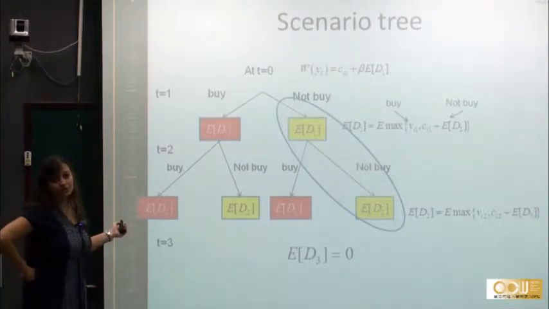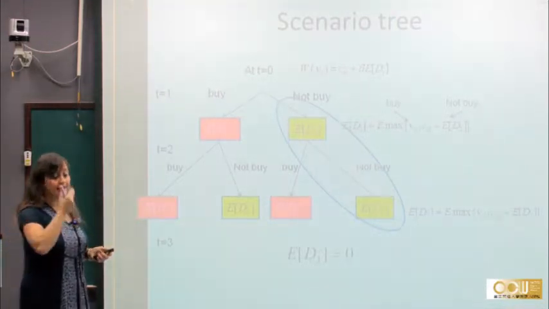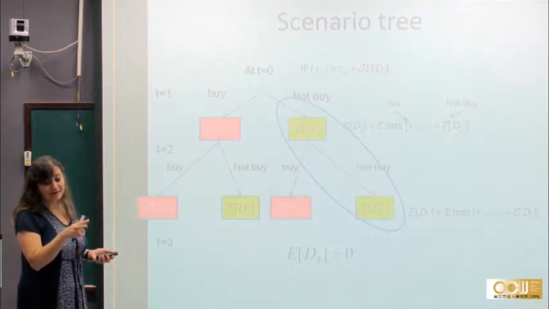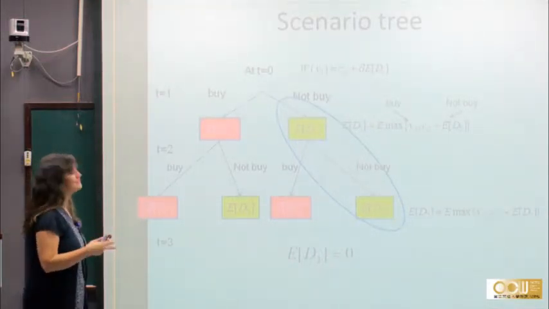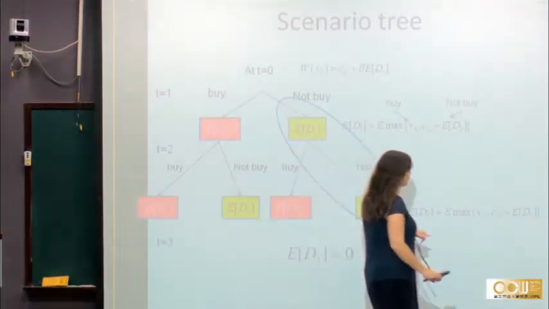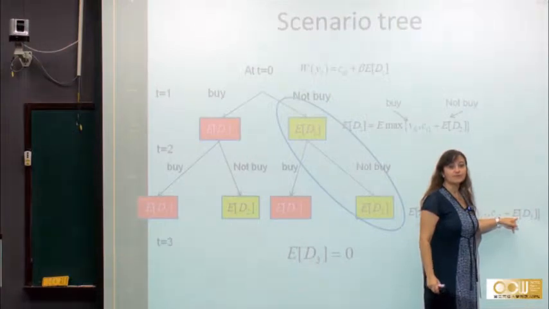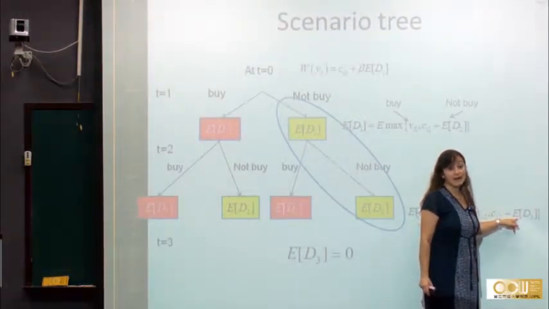There is a lot of simulation embedded here, because all these expectations are simulated, and there is a double simulation, because this is stochastic, and what is also stochastic, remember, is y, the dynamic attribute.